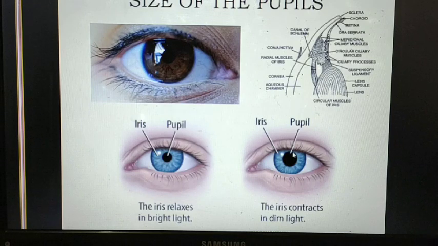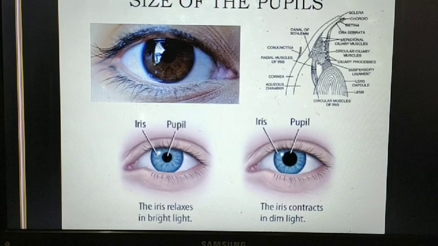If the pupils were dilated in a bright light, too much light may enter the eye and damage the retina. In a dim light, if the pupils were constricted, insufficient light may enter the eye to stimulate the nerve endings in the retina and nothing would be seen.